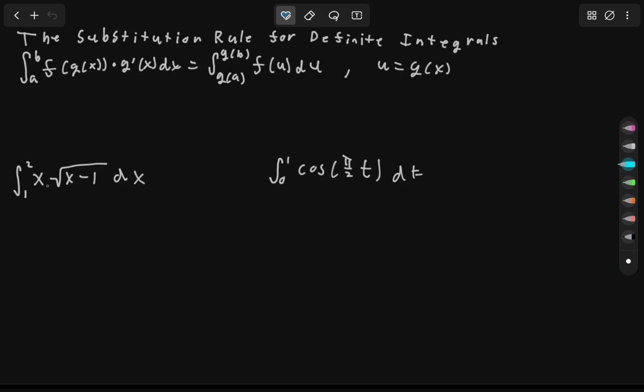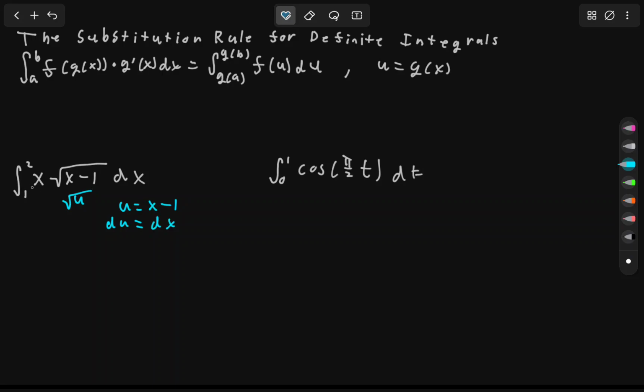So in this first problem, which is a small bit more difficult, we're going to say our u is going to be equal to x minus 1. Our du in this case is just going to be equal to dx, because the derivative of x is just 1. Now we sub the u in, so we get the square root of u.